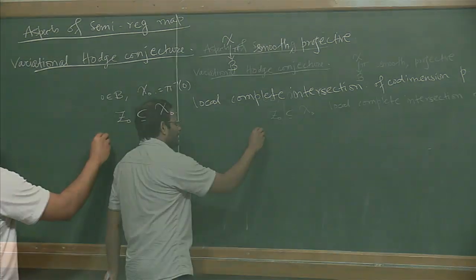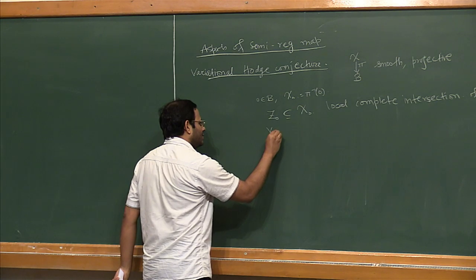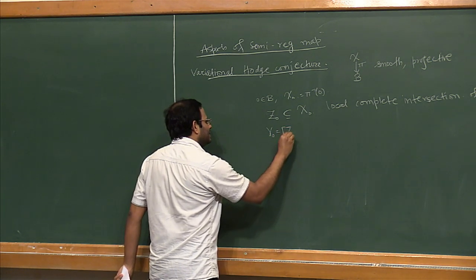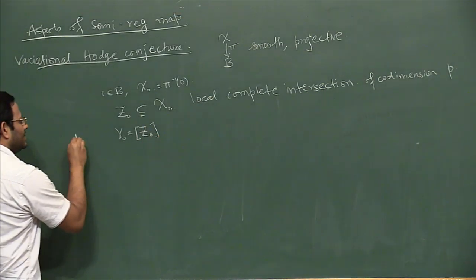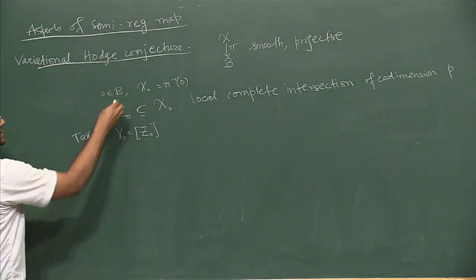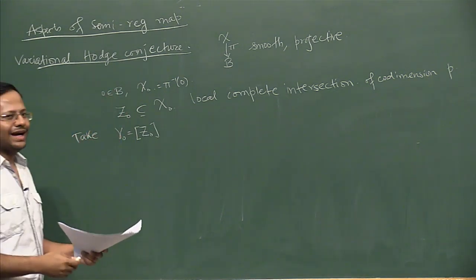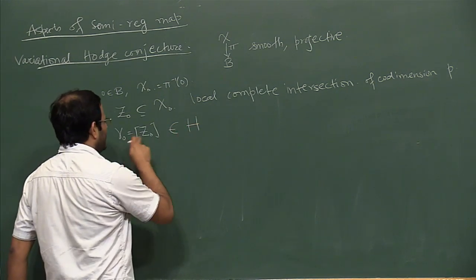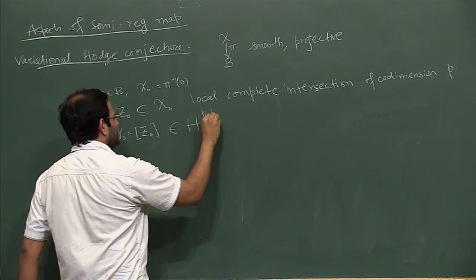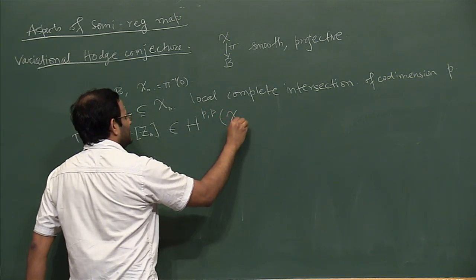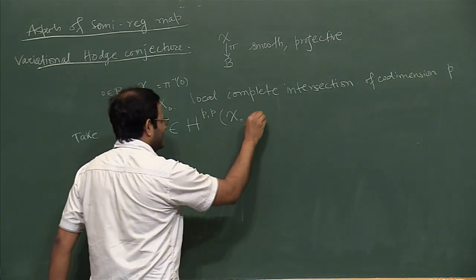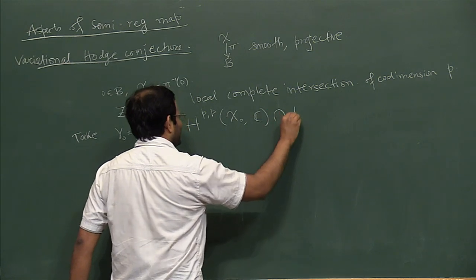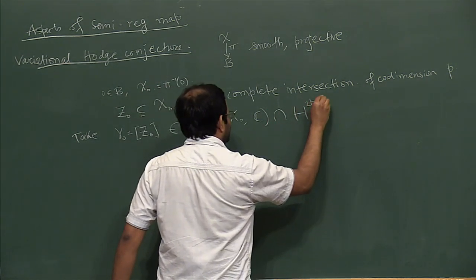We all know what a complete intersection is. And now, if I take the cohomology class, so these are all part of the assumption, we know that this will be a Hodge class. There is a Hodge decomposition which I am not going to get into.